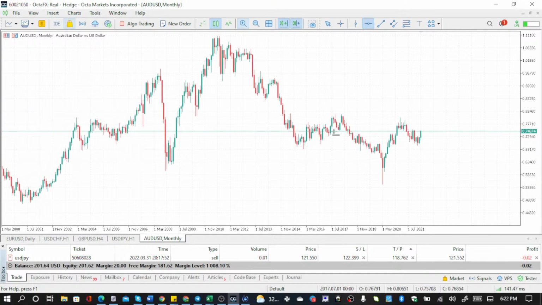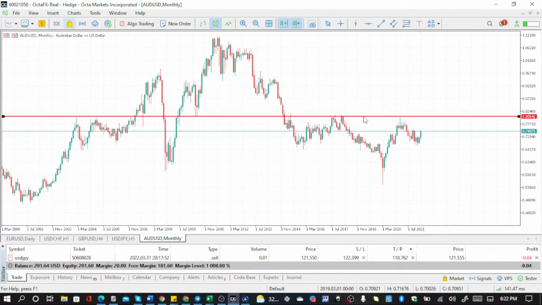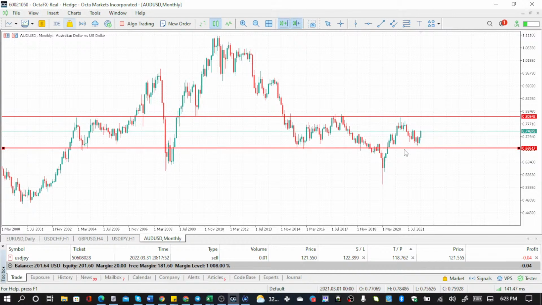However, let's look at what we can do by mapping out levels. Fantastic. So these are levels for us to map out our critical levels.